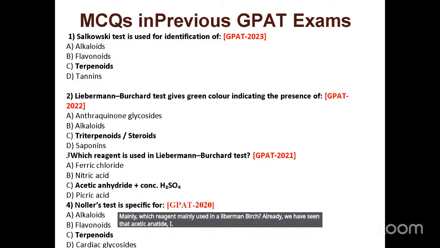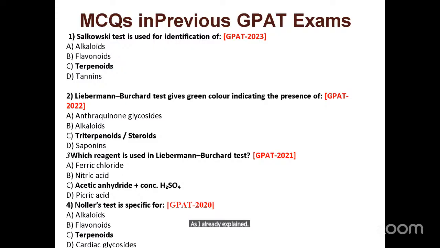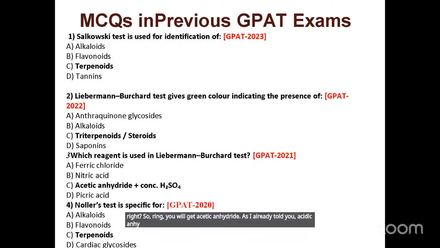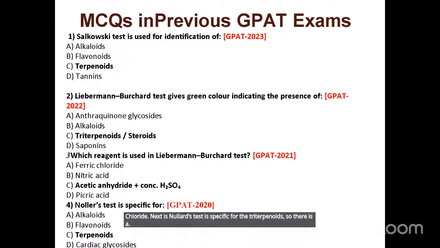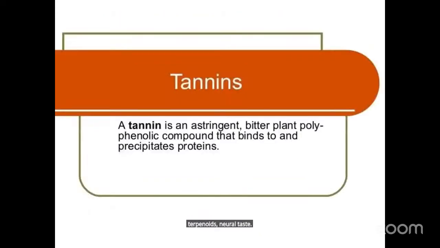As I already explained, you add concentrated H2SO4, you will get the ring. As I already told you, acetic anhydride, if it is not available, you can use the acetyl chloride. Next is Noller's test is specific for the triterpenoids. So there is a terpenoids Noller's test, right?